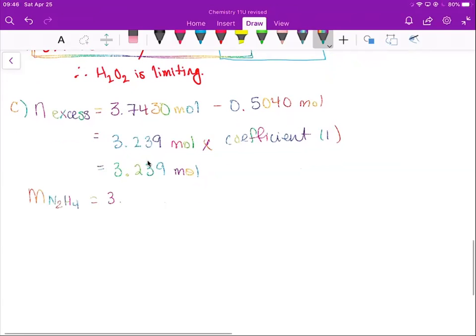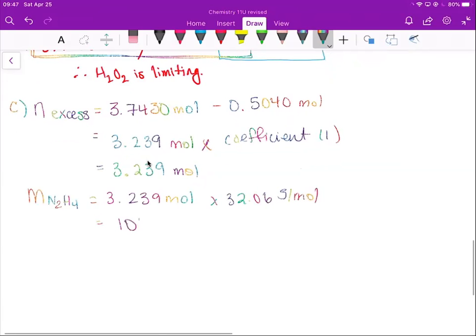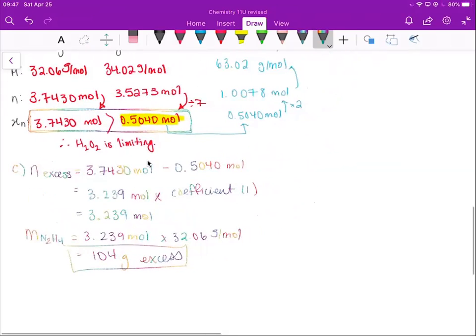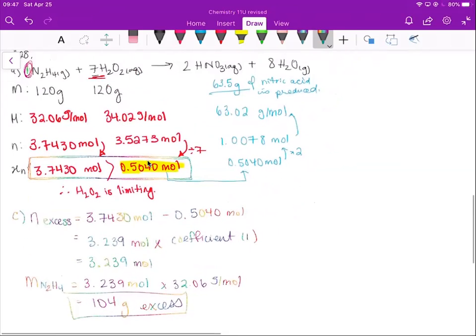How much does that weigh? So I'm going to take the number of moles and multiply by the molar mass. And voila, 104 grams excess. And remember my prediction that the 1:7 ratio, it's a lot. When we compare how much is left over to how much we began with, only 16 grams of N2H4 was used up, and it's because of the 1:7 ratio.